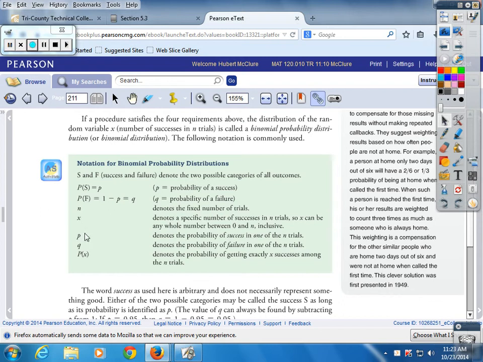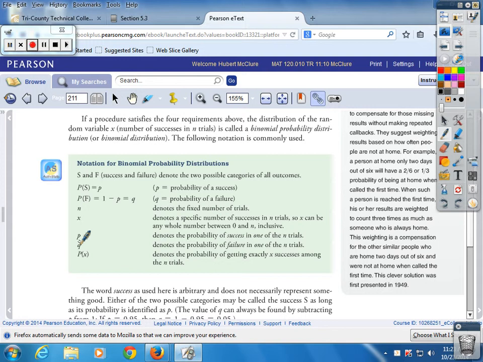These are the same thing, so don't let it confuse you. I don't know why they did that. What they did is they say the probability of success is going to be denoted with P, which means the probability of the event happening. So P is the same thing. Don't let it confuse you. P is the number of successes or the probability of success.